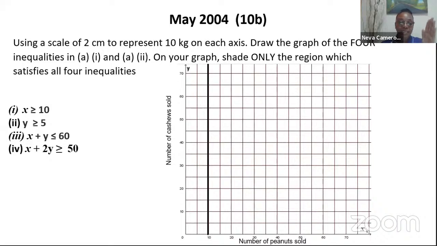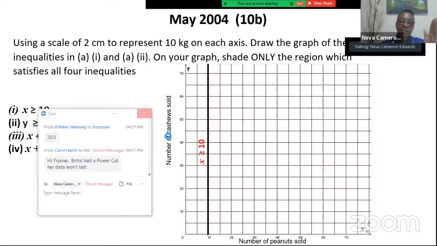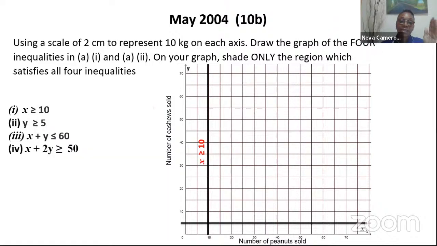Let's go to the line x equals 10 and the line y equals 5. Notice for the vertical line, all the x coordinates are the same, and it's parallel to the y-axis. So when we plot 10, 0 and 10, 20, all the x coordinates are the same.